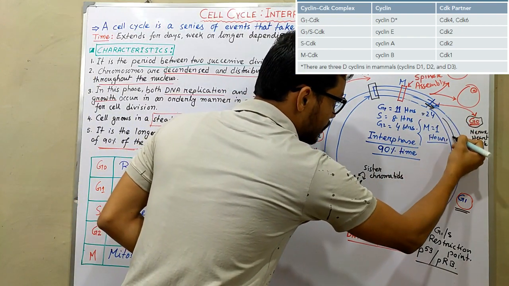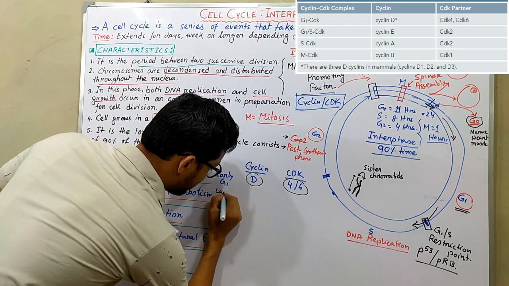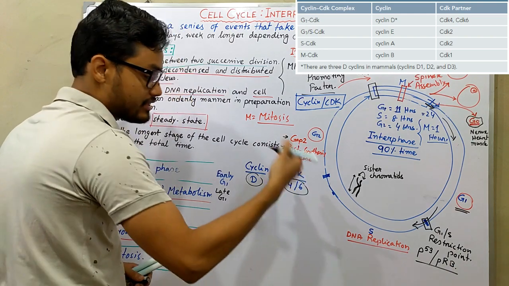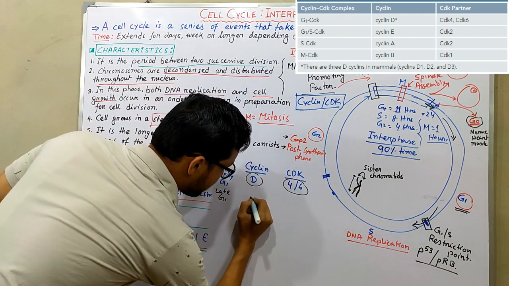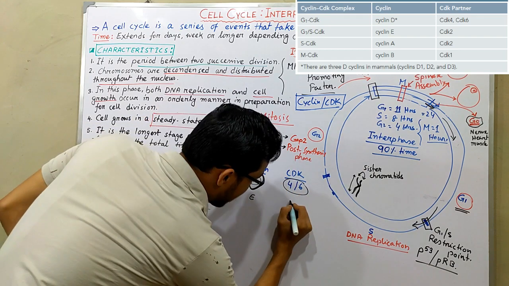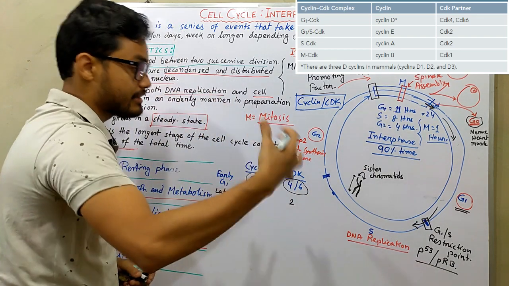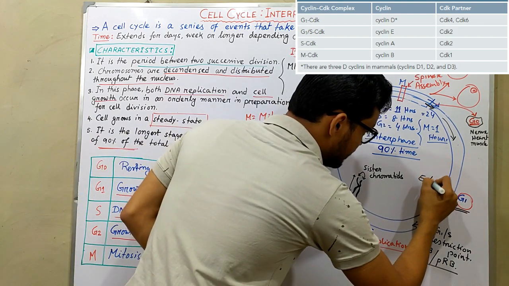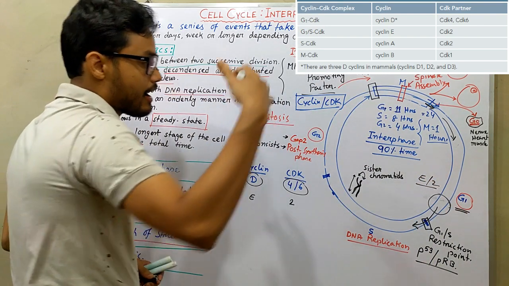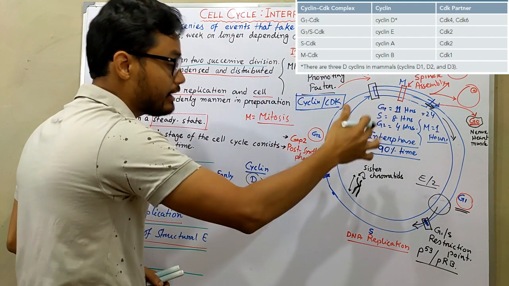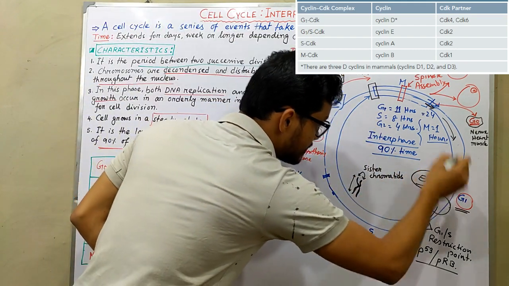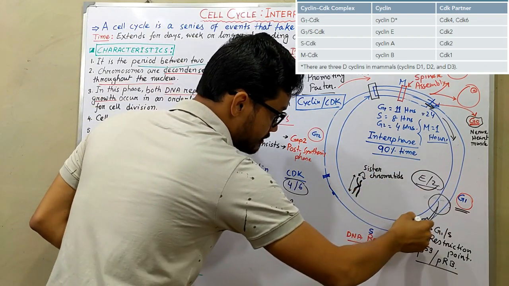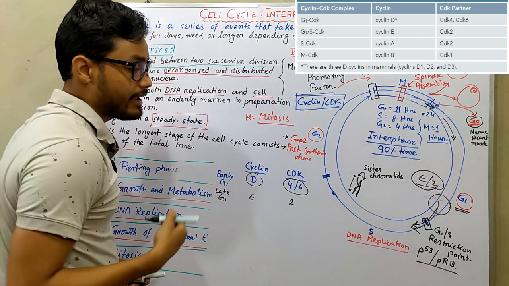In late G1, the cyclin D and CDK4 or 6 complex is degraded, and the cyclin E and CDK2 complex is formed. It helps the cell pass from G1 to S transition.